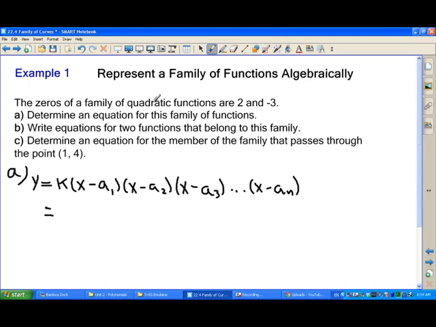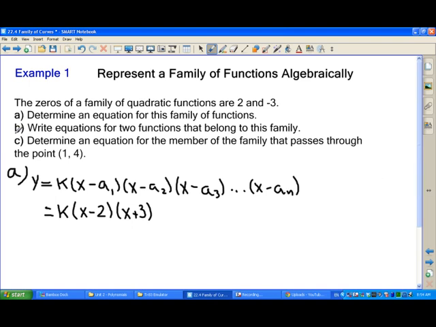Now, this is a quadratic function, and it only has 2 x-intercepts. So we'd have our k value, which we haven't specified yet, a factor of x minus 2, and a factor of x plus 3. That's the easiest answer for part A.